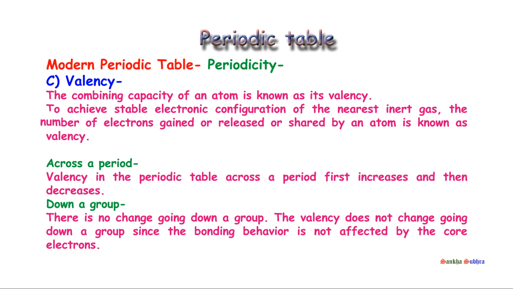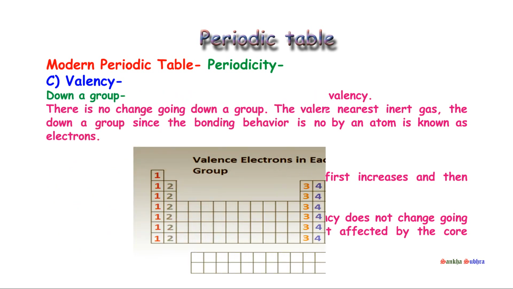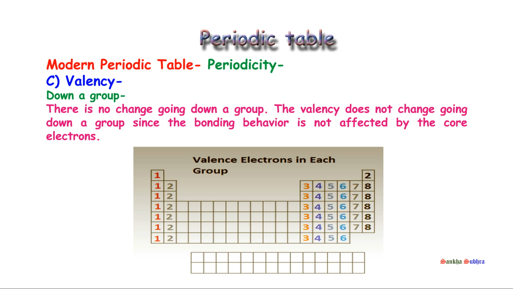If we try to follow the valence electrons, then we will find that in the outermost orbit of group 1 there is only 1 electron, group 2 there are 2 electrons, group 13 there are 3 electrons, group 14 there are 4 electrons, group 15 there are 5 electrons, group 16 there are 6 electrons, and group 17 there are 7 electrons.